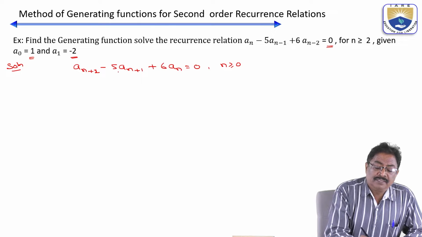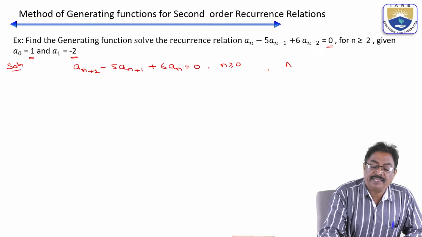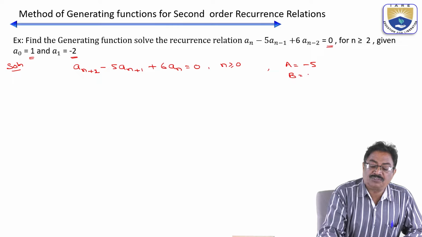Here the coefficient of a(n+1) is A, so A equals minus 5, and the coefficient of a(n) is B, which equals 6.